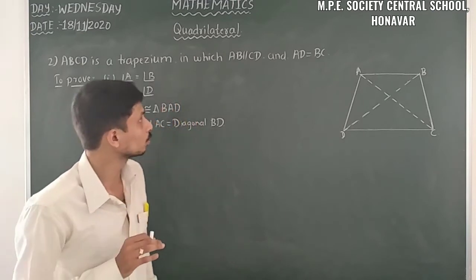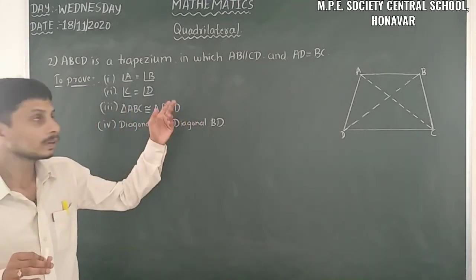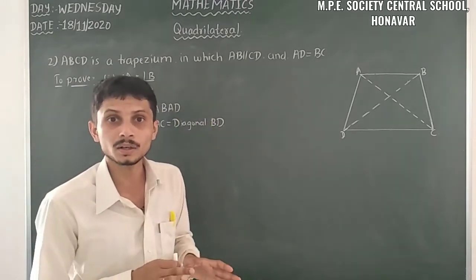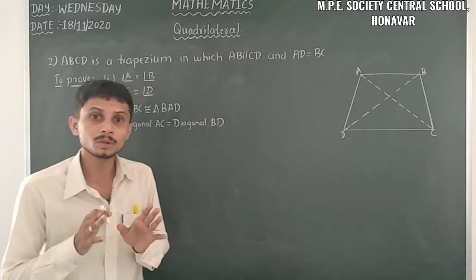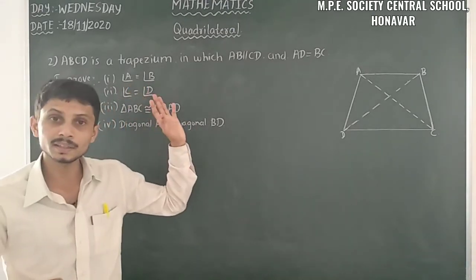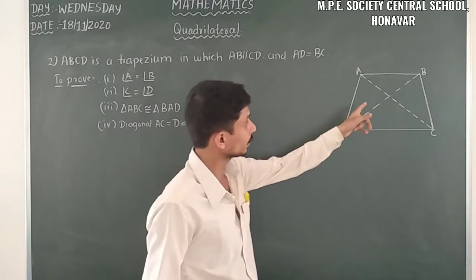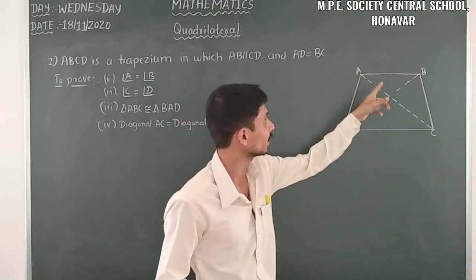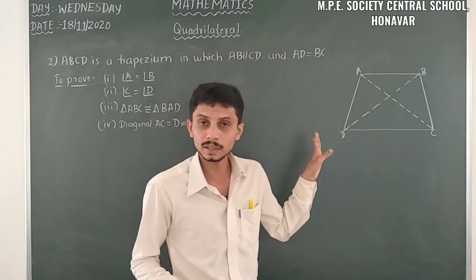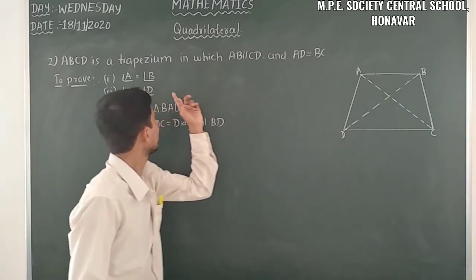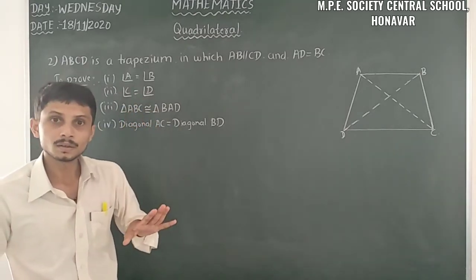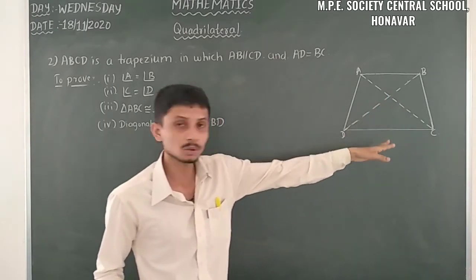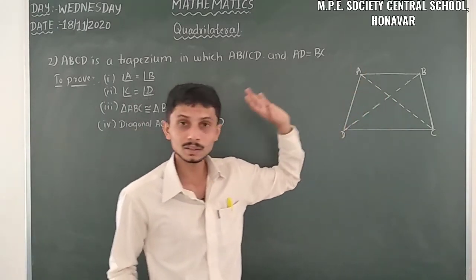Here what we have to do is prove angle A is equal to angle B. So that means we have to consider those two triangles of which they are the corresponding parts. Angle A and angle B are the corresponding parts. Is that possible? So from triangle ABC and triangle ABD, we have angle A and angle B as parts of them. But what are the equalities possible there? Here AD is equal to BC we have, and AB is the common side.